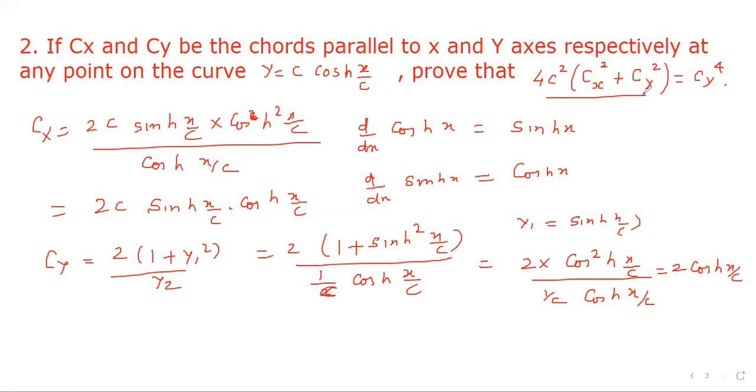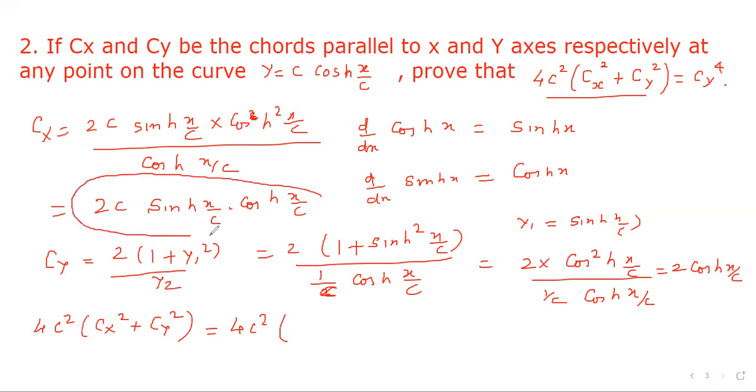Now we can consider the LHS. So LHS is 4c square times (Cx square plus Cy square). Cx is this much, so we can square it. This will become 4c square times sine hyperbolic square x upon c into cos hyperbolic square x upon c, plus Cy square, this much. This is 4 cos hyperbolic square x upon c.